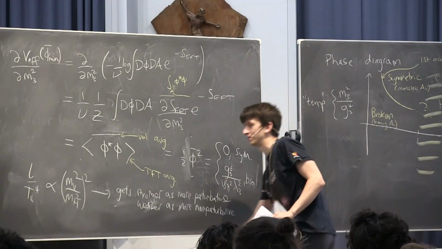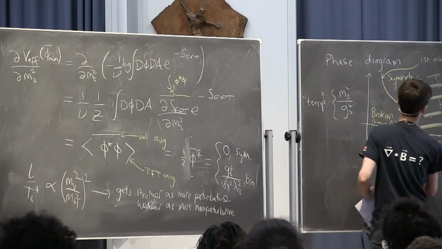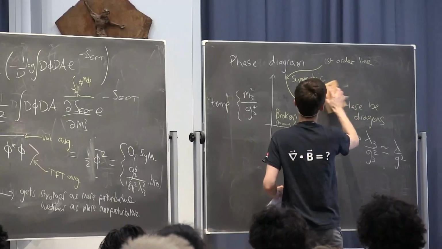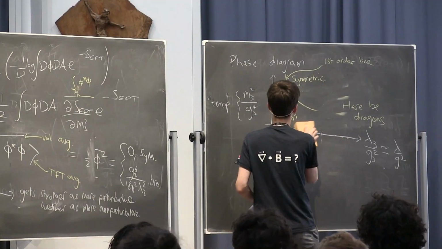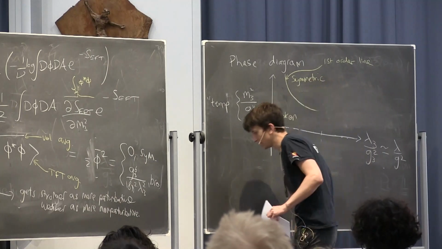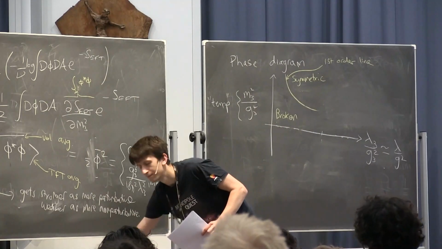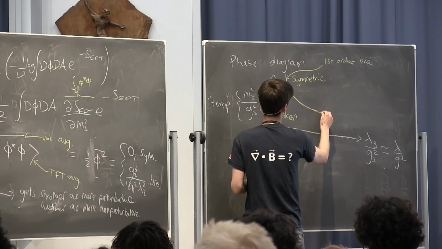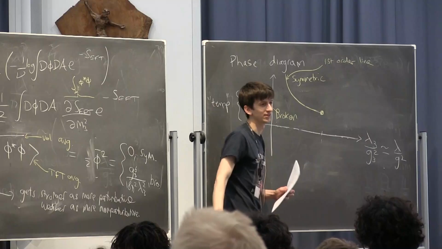So the expectation for what happens is the following. It's getting weaker and weaker, so it's expected to just end at some point.